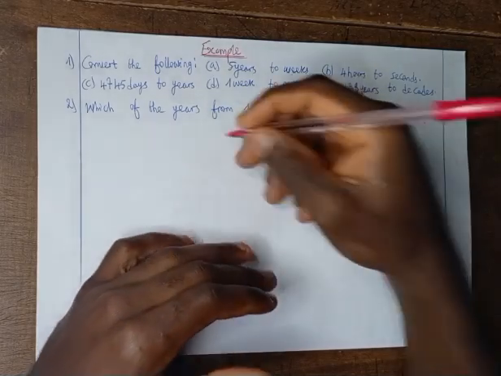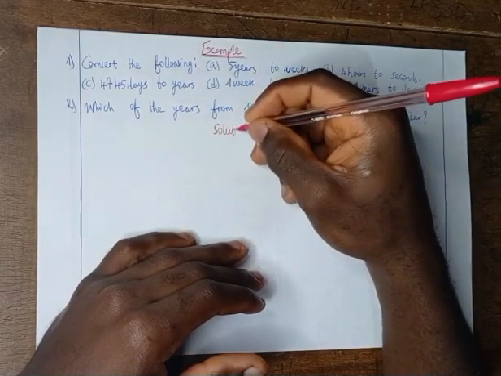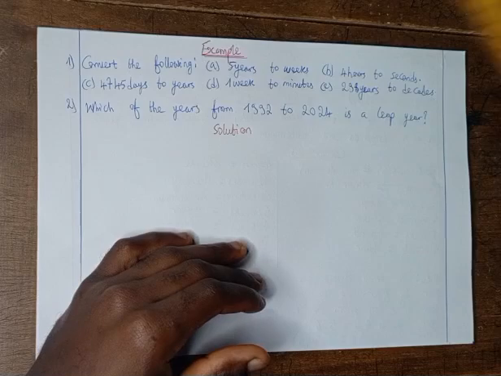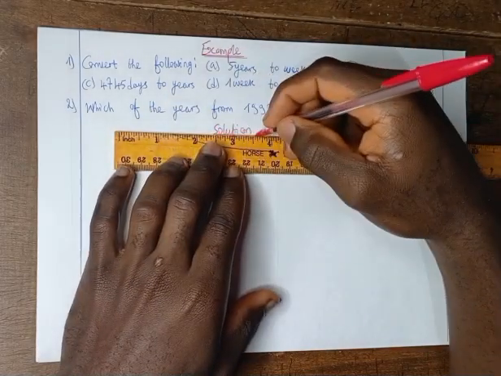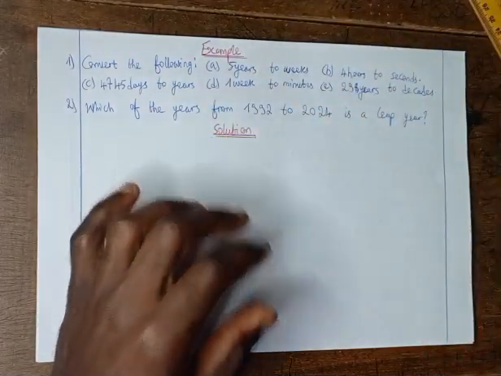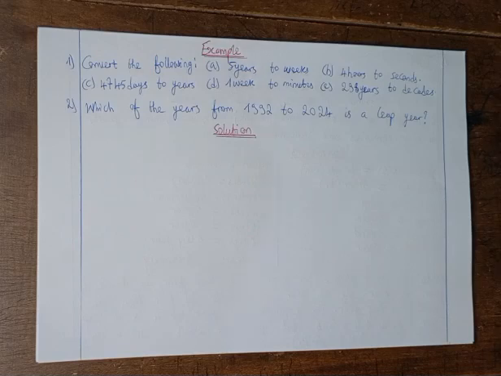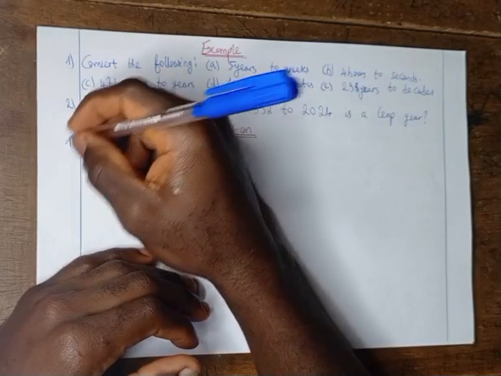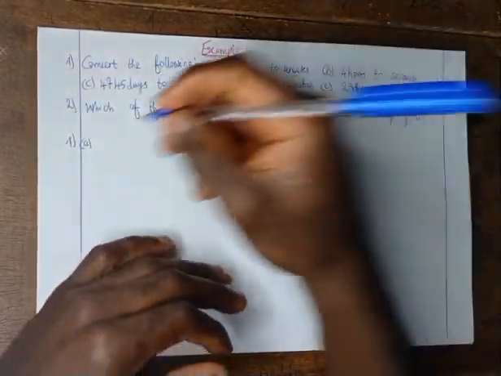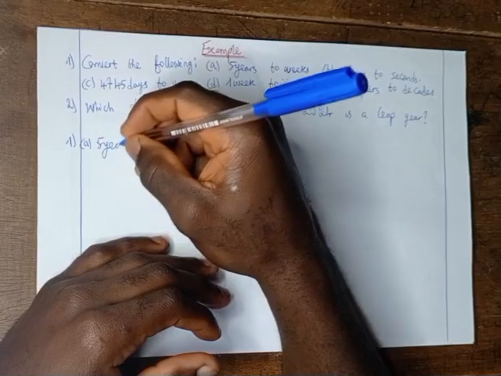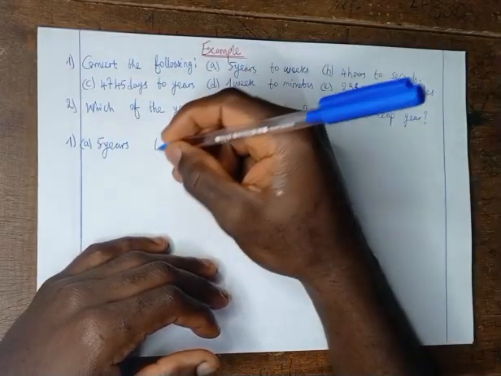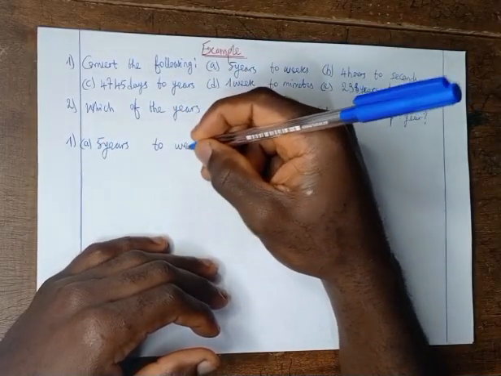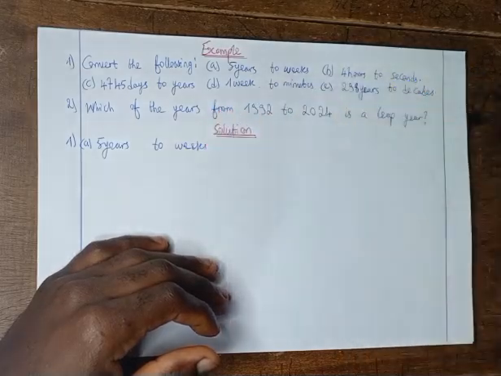We take solution. Question 1 says convert the following. For A, we have 5 years to weeks.